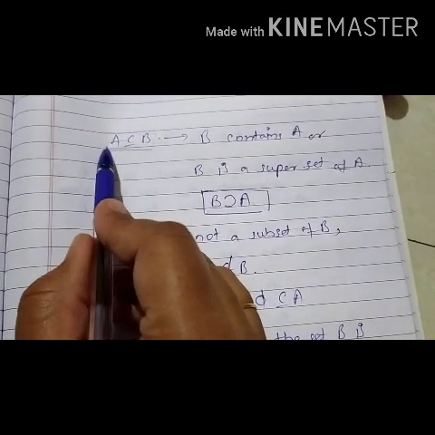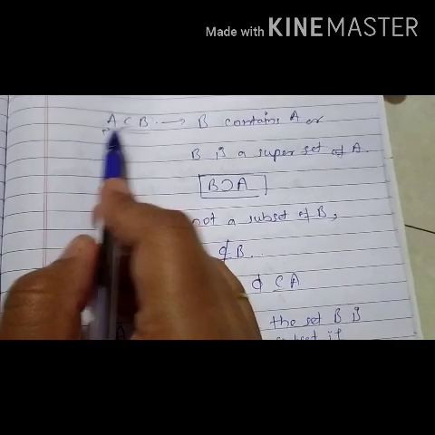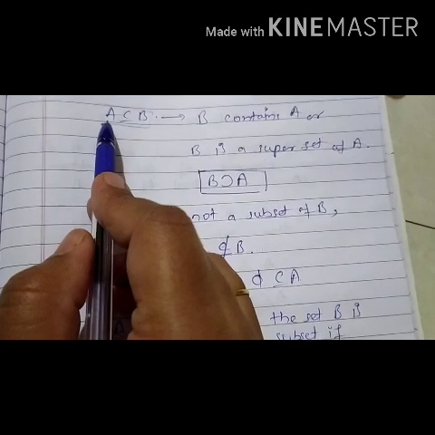Here we do not know whether A is equal to B; A may have fewer elements than B.